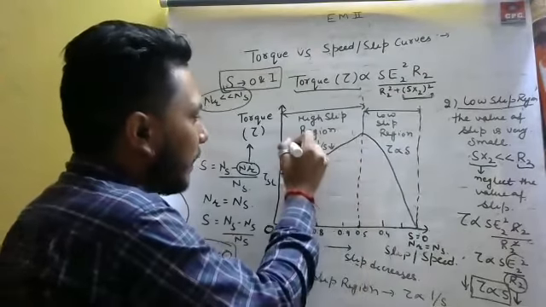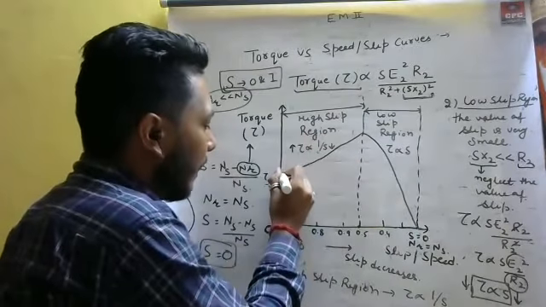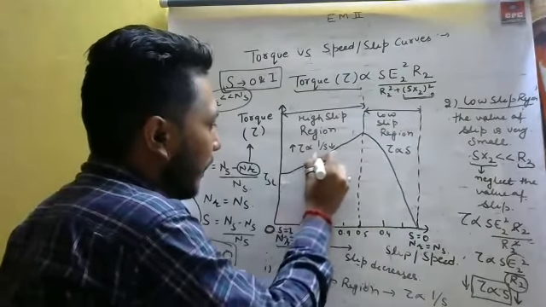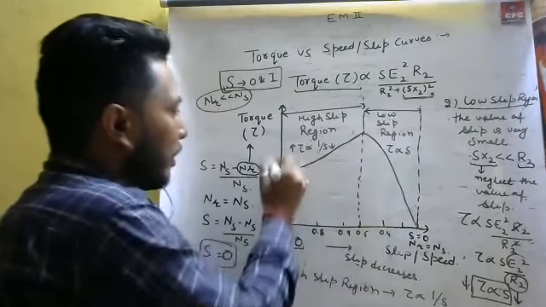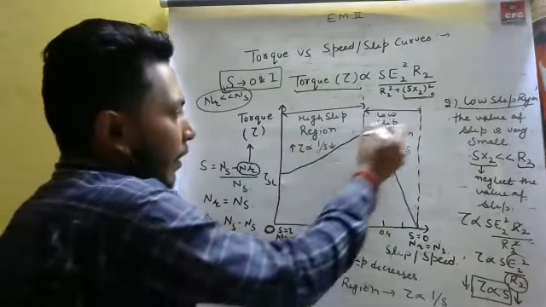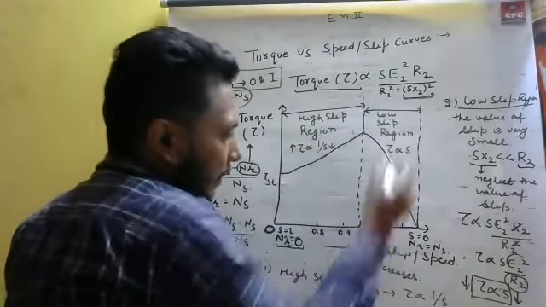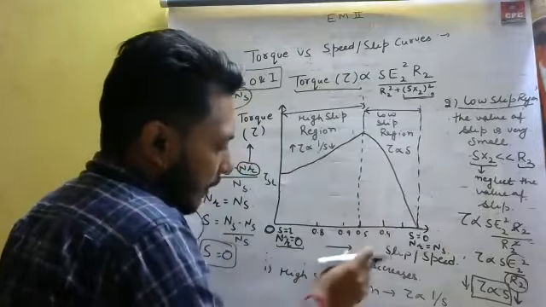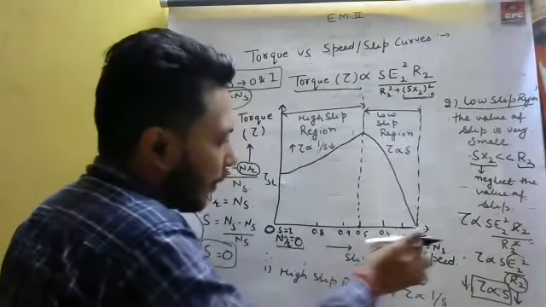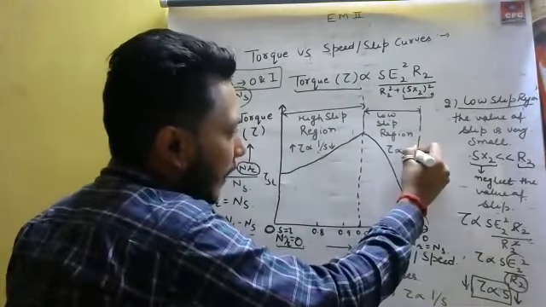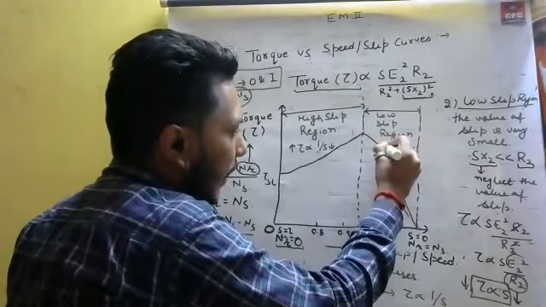Thus when slip decreases, the torque increases. That's why here torque increases. Okay, because this is a torque curve. In the low slip region, as we know, the slip decreases from 1 to 0. Here the slip decreases, the torque also decreases.